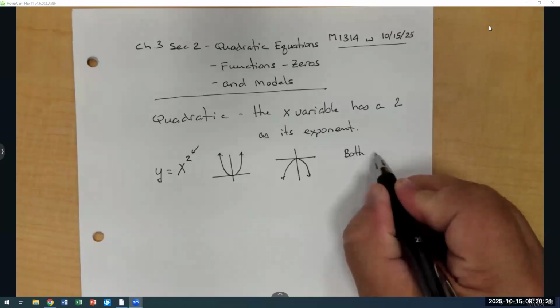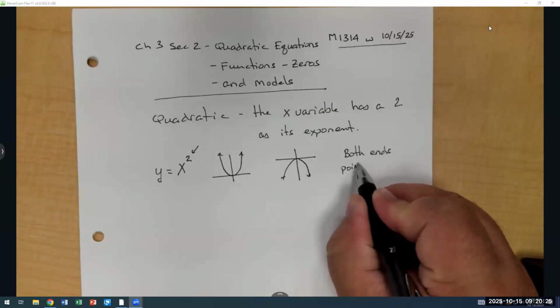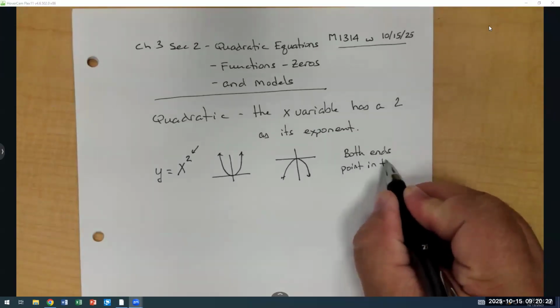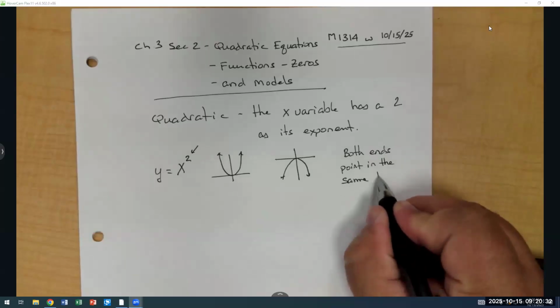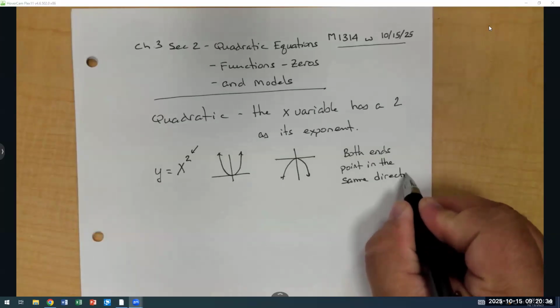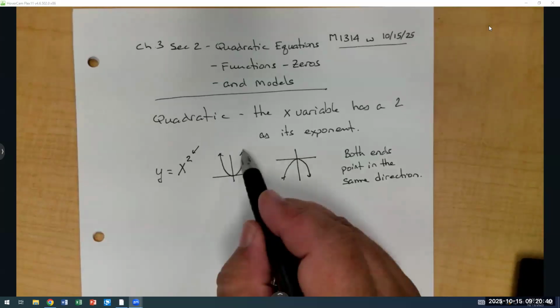What it tells us is that both ends point in the same direction. If it's quadratic, both ends point the same direction.